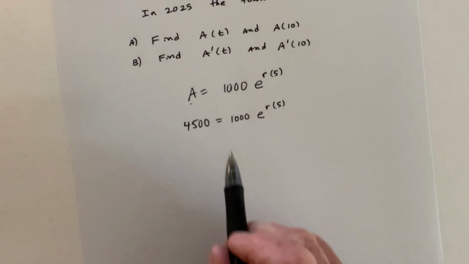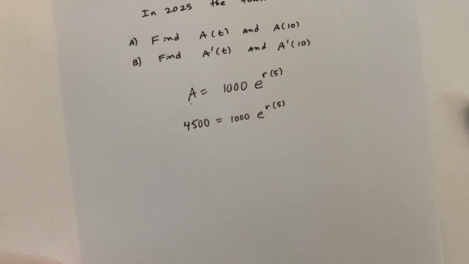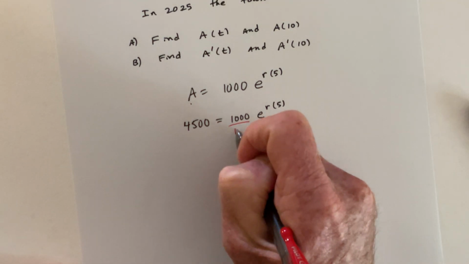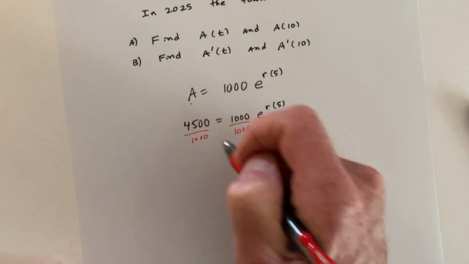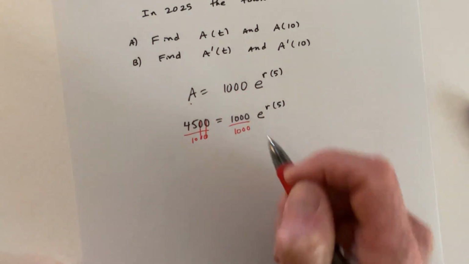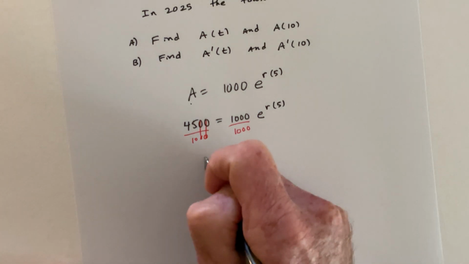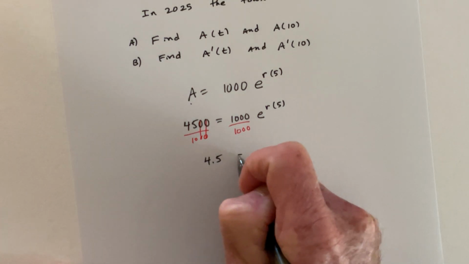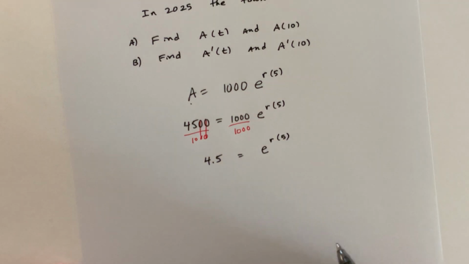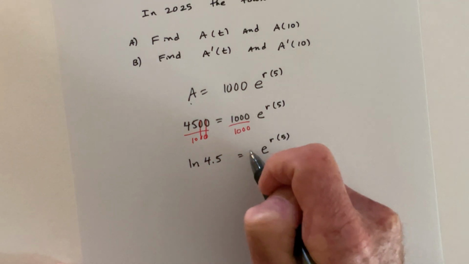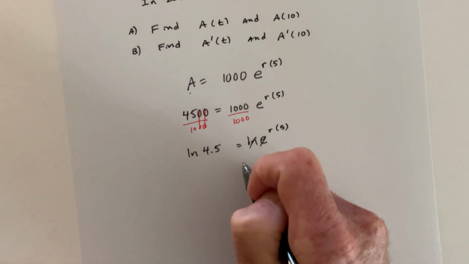All right, now to solve for R, one thing to do is divide both sides by 1,000, which is where the red pen comes in handy. And then I could have these zeros cross off, and that is actually going to be 4.5. And then the next thing to do to eliminate E is take the natural log of both sides, because natural log and E cancel each other out.